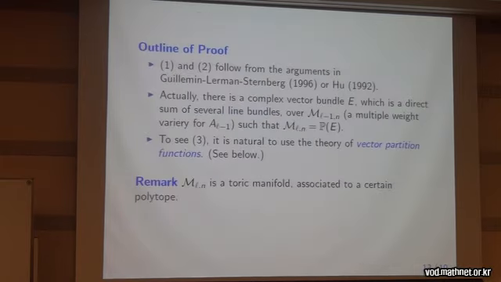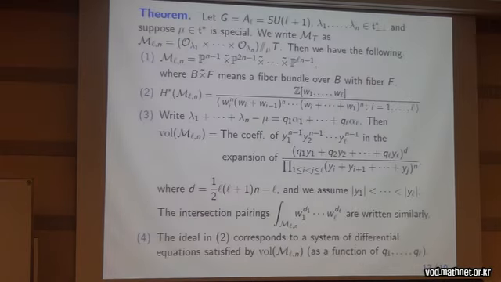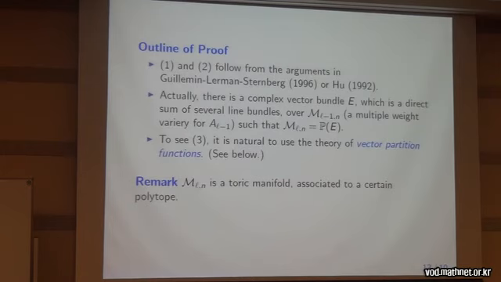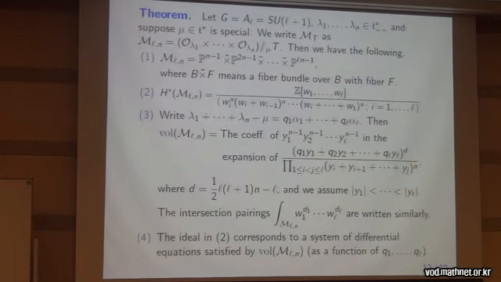Oh, sorry. Here, this structure comes from the statement I just told you, and the ring structure here also comes from this description. To see the third statement, here, the volume formula, like this.